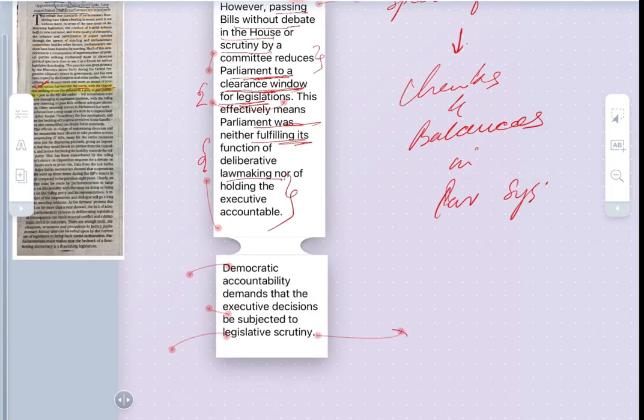This could only be possible if the bills have been properly discussed with the ruling parties as well as the opposition in Parliament, in the Lok Sabha or Rajya Sabha. Only then could we give wide representation to each and every section of society.